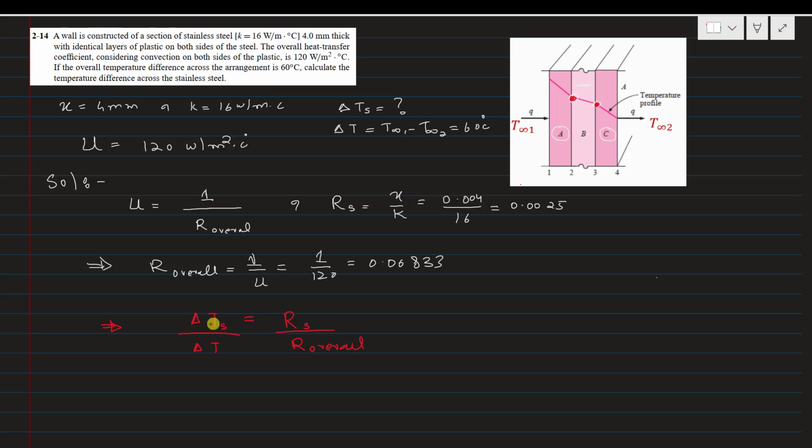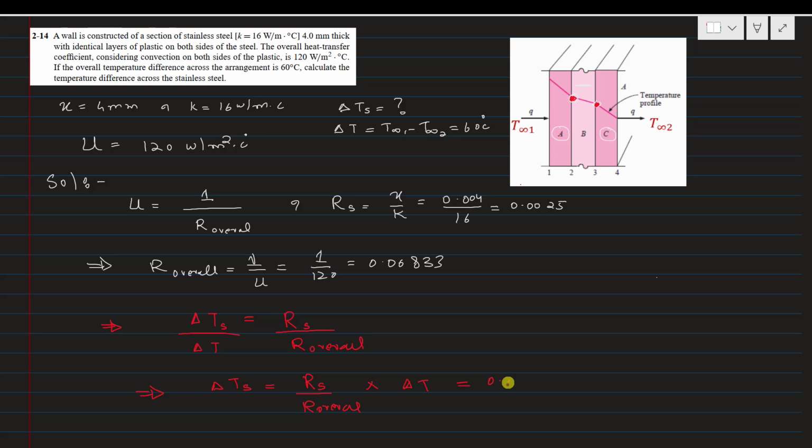We need to find this value, so you have to arrange the formula. The temperature difference across the steel section is equal to RS. What is the RS value?